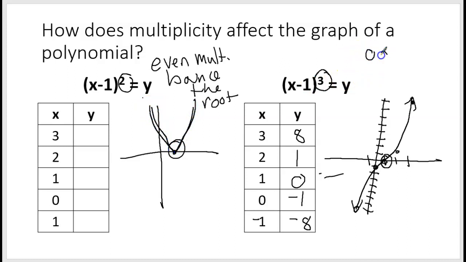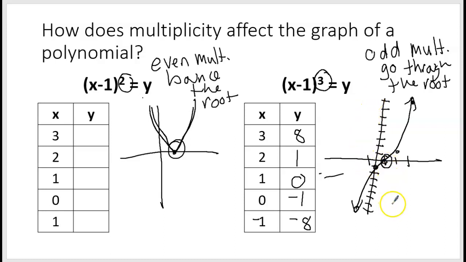But when you have an odd multiplicity, we will go through the root. In other words, it's going to go from negative to positive, or it could go from positive to negative. But the point is that it goes through the x-axis at that point. It doesn't bounce off of it. Okay? And so that's our big conclusion there.